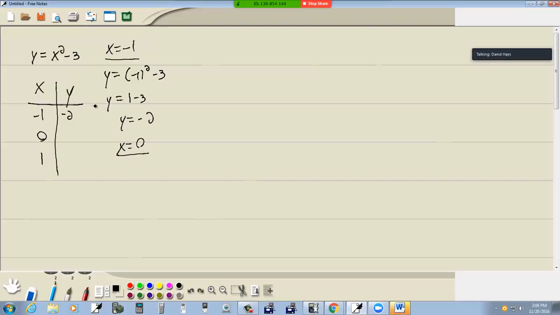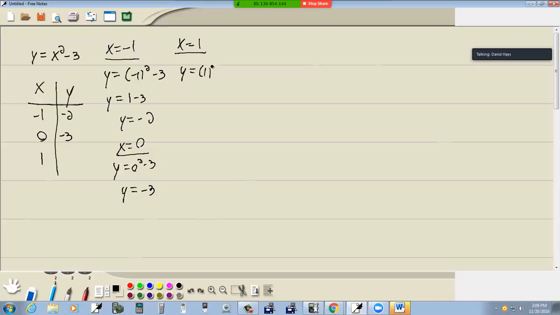Now we'll plug in x equals 0 into our equation. So we're going to have y is equal to 0 squared minus 3, which gives us negative 3. Now we'll plug in x equals 1.